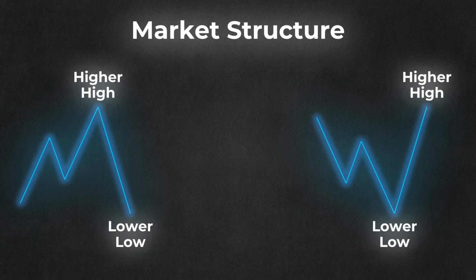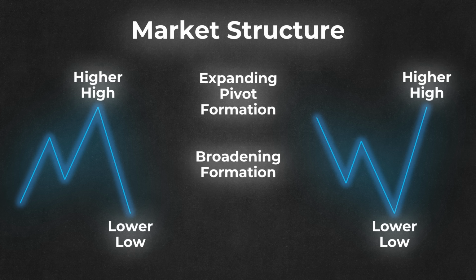For example, an expanded pivot formation, a broadening formation, and if I'm not mistaken, Welles Wilder called this pattern a non-failure swing in one of his books published in 1978 called New Concepts in Technical Trading Systems. So market structure shift is just another name to describe this expanding pattern.